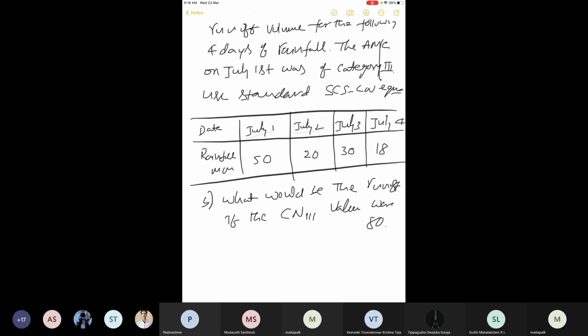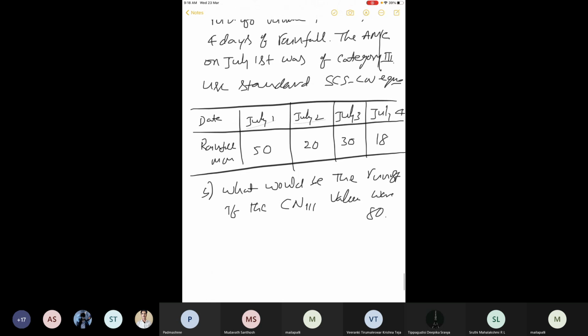So you find the direct runoff expected from this particular storm. And suppose the curve number is 80, what would be the direct runoff? This is the question.